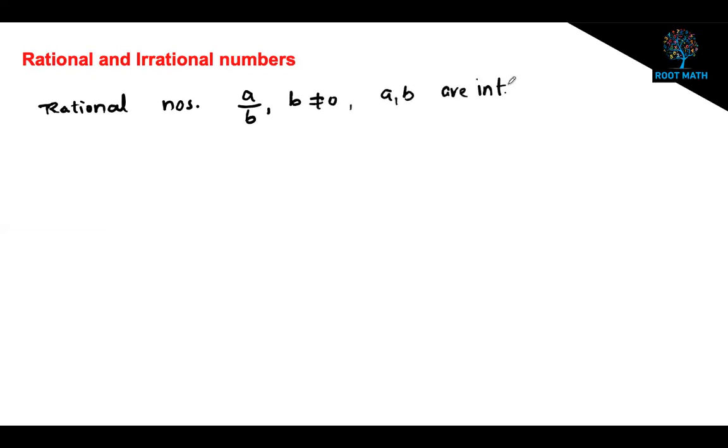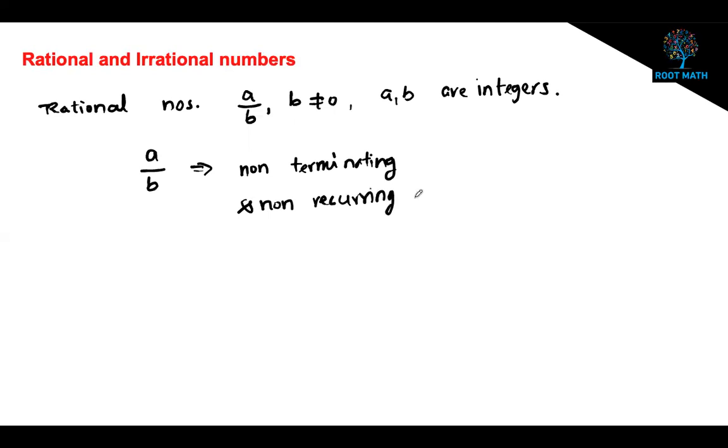This is the definition for rational numbers. When you are dividing A by B, if your quotient, if your answer is non-terminating and non-recurring, then these numbers are said to be irrational numbers.